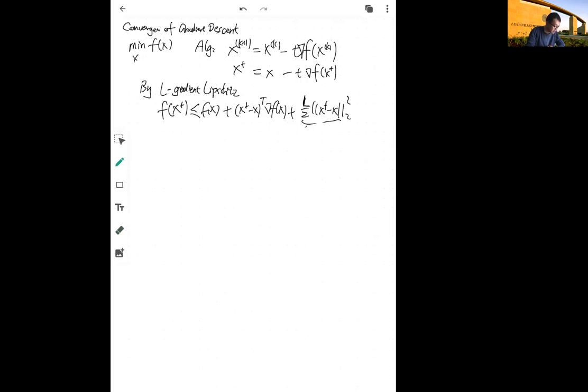So with this, now let's try to substitute the algorithm into here. By substituting the algorithm, we know that x plus is equal to x minus t times the gradient direction.